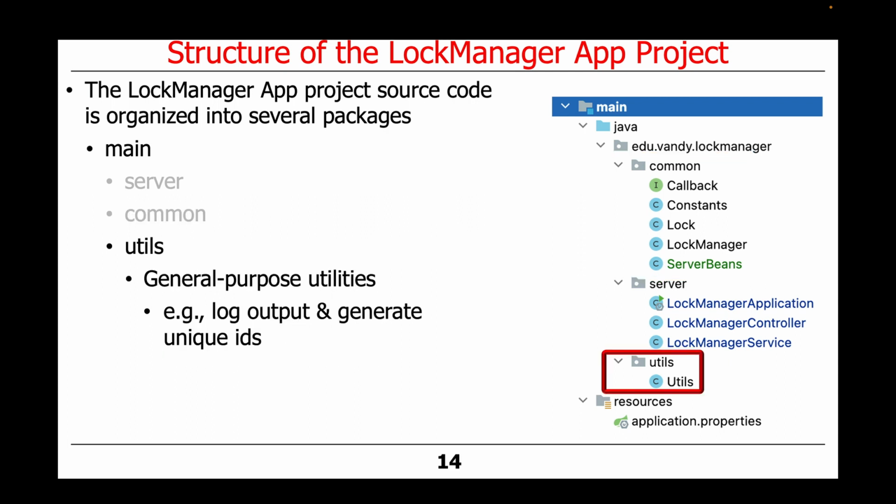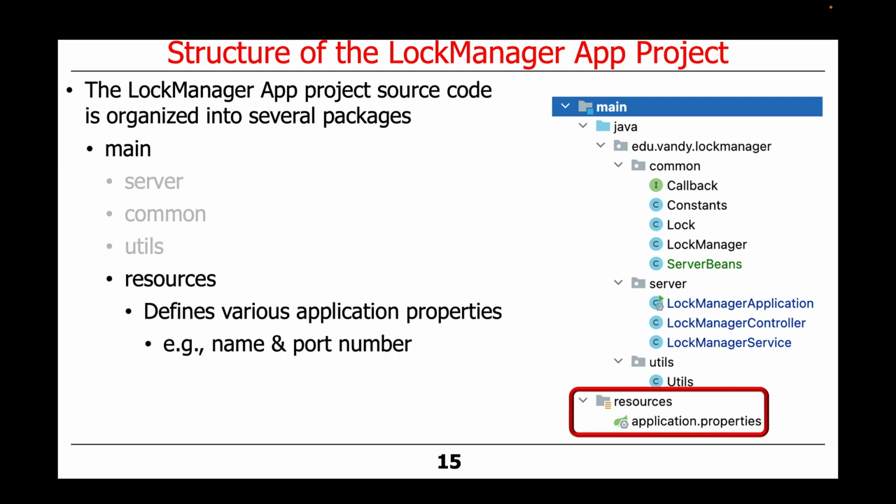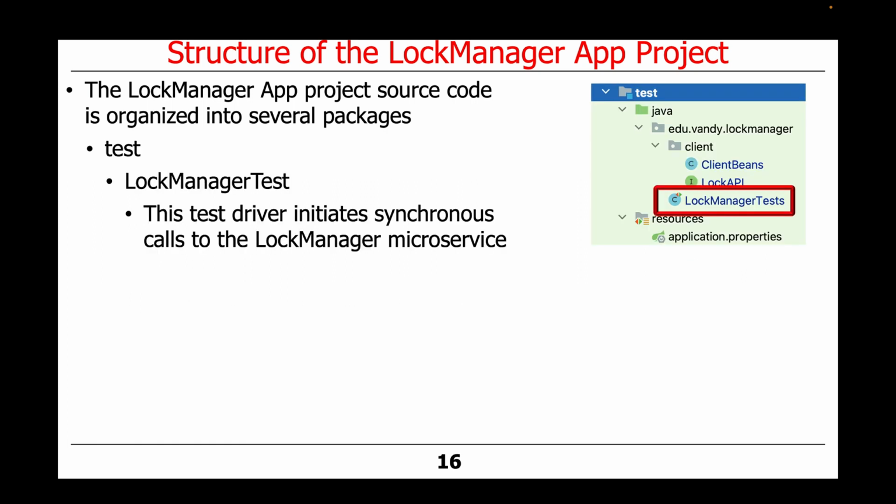There's also a utils folder, which contains general purpose utilities to do things like log output and generate unique IDs for the LockManagers. And then finally, there's a resources folder that defines various application properties like the name of the LockManager project and the port number where the server listens.